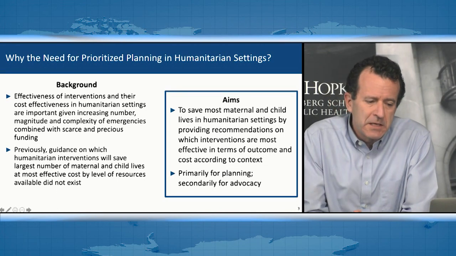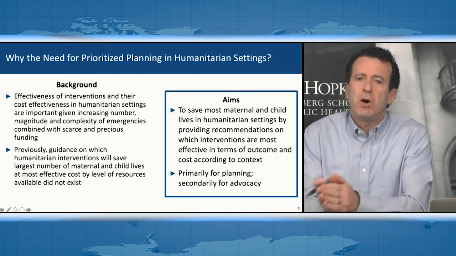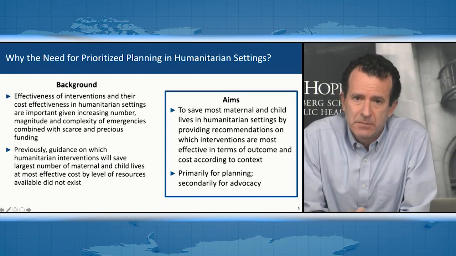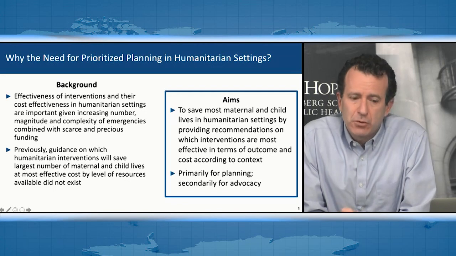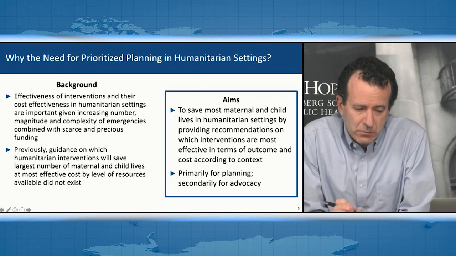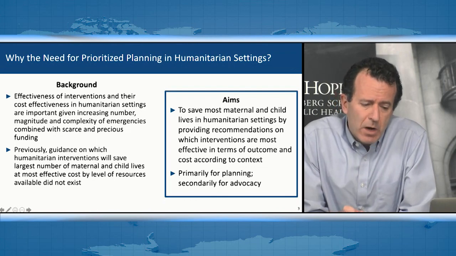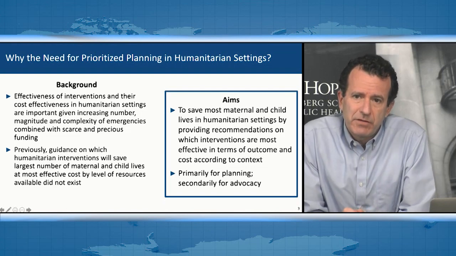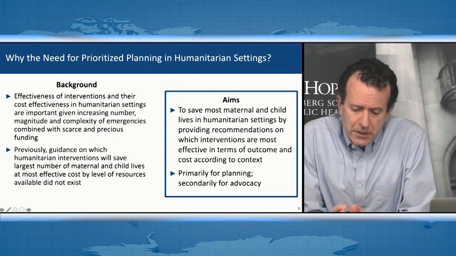So what we have done is we have used the LiST tool, the Lives Saved Tool, and we have modified that for a humanitarian setting. Our aim in this project is to save the most maternal and child lives in humanitarian settings. And it's important that we emphasize maternal and child. How we do this is we have evidence-based interventions from the Lives Saved Tool, which we'll talk about shortly.